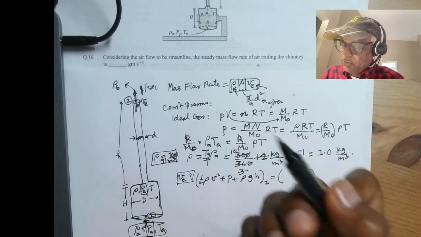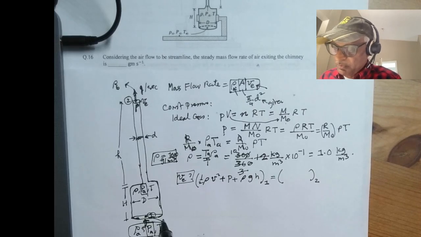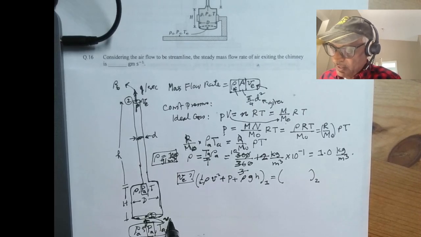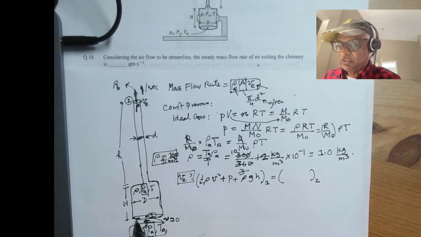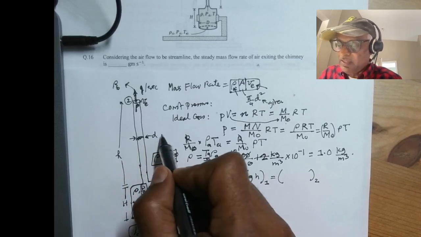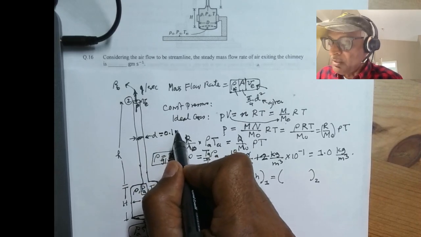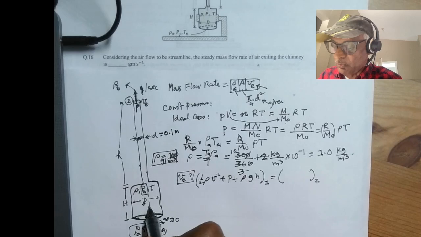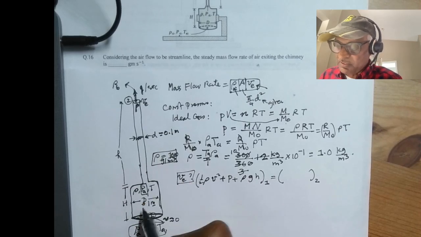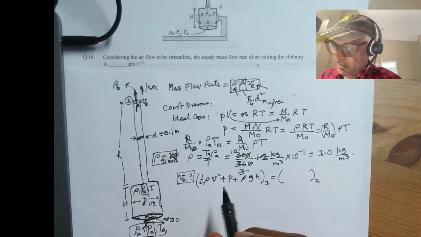We'll assume that v is close to 0 here because it's much wider than this. The d is I think 0.1 meter, and this d is 1 meter, so we assume the velocity here is 0 compared to the velocity there.